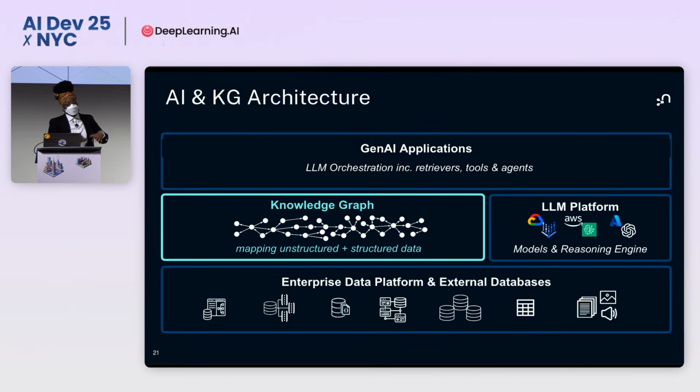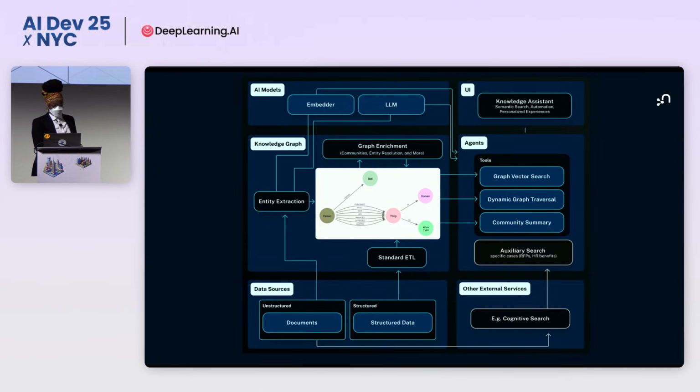From there, you can use GenAI applications and LLM orchestration layers like LangChain or Semantic Kernel or different agentic frameworks, which can plug in and then access all of that data contextually, right? This is where graph as context and GraphRAG fits in, right? It's about how you retrieve grounded contextual information from your graph.